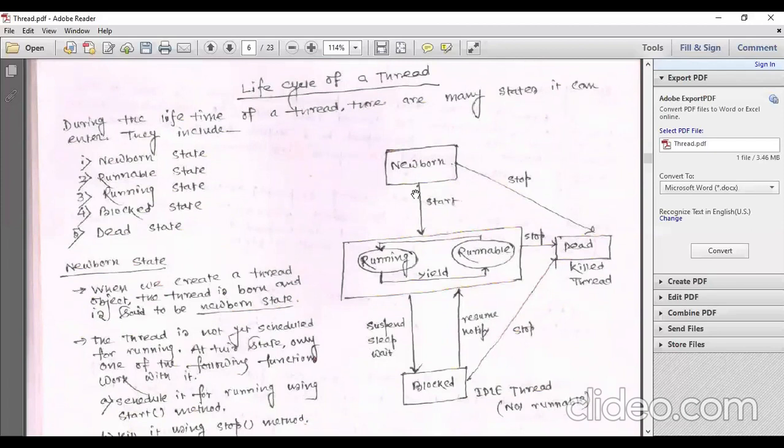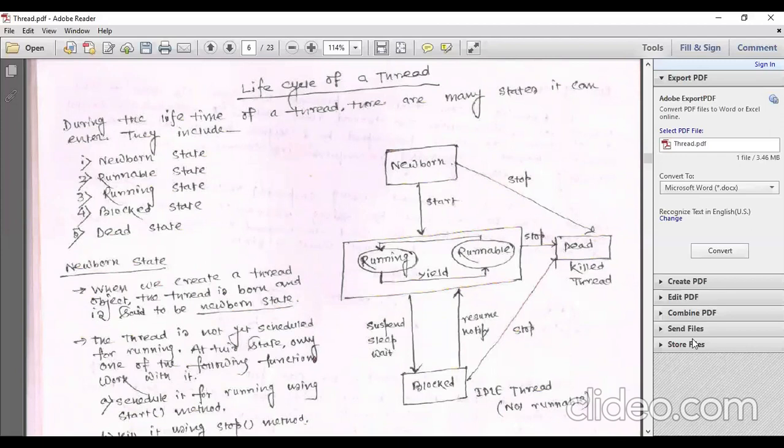So when we create an object of a thread class, which we have already done in my last lecture, that is nothing but the first step, the newborn state, the thread object created. And after that, we called the start method to start that thread. When the thread is in a newborn state, it is not scheduled for running.